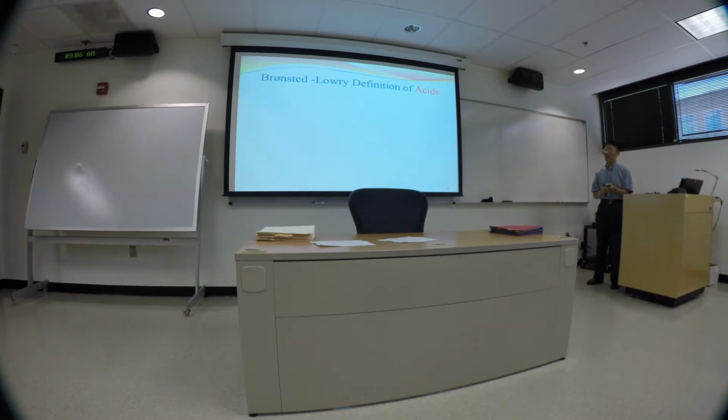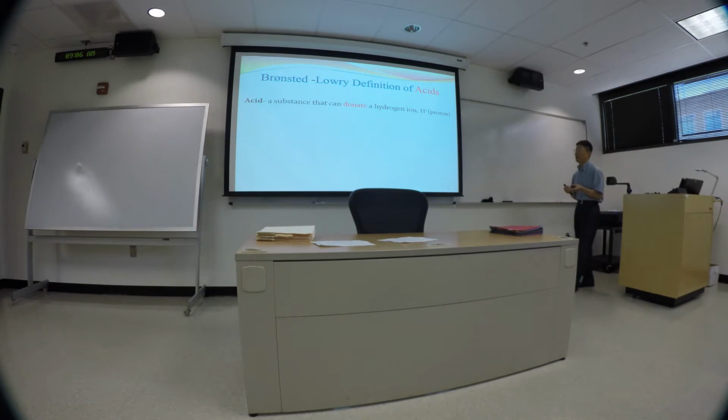The Bronsted-Lowry definition focuses on what happens when you have a compound that can be called an acid. An acid is a substance that can donate, meaning give out, a hydrogen ion, H+. Hydrogen has one proton, one electron. When you lose that one electron, the only thing left is the proton.